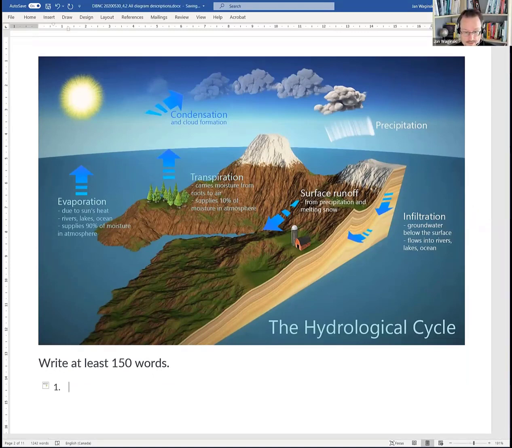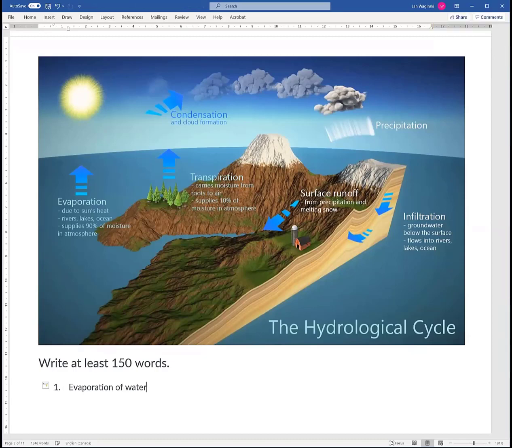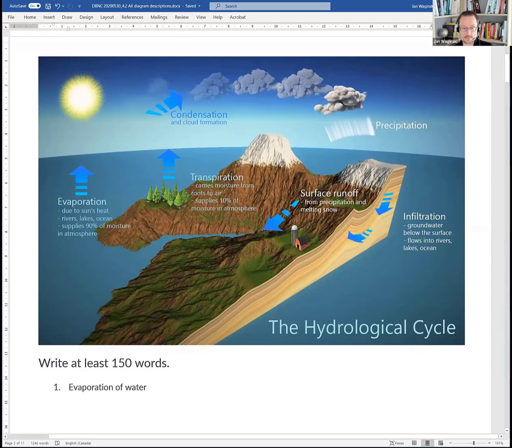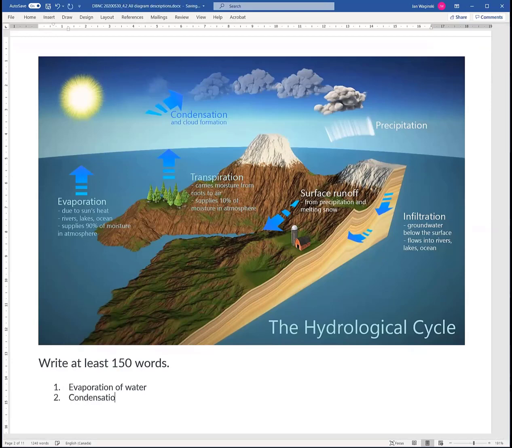Okay, first step is evaporation of water. What's the second step? Condensation of the water in the air. So is it evaporation only, or is there another process here? Transpiration. Yes.